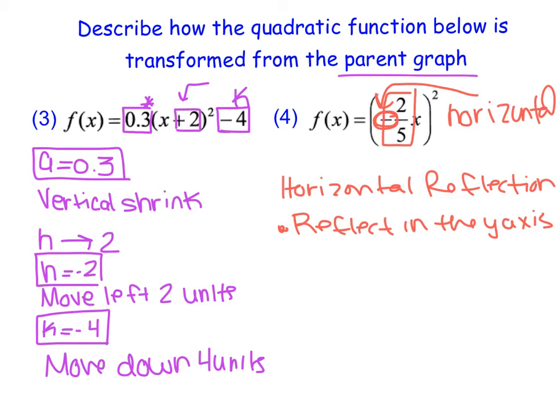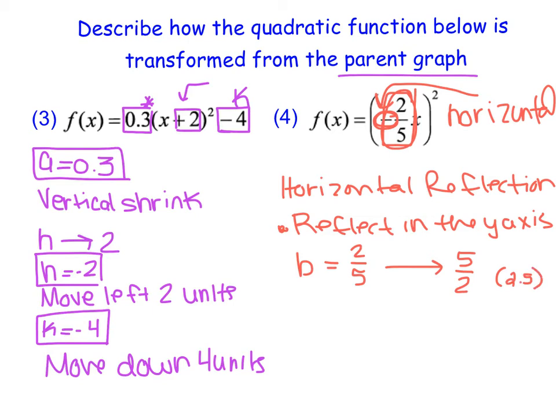Then from here, I also note that I have a b value because it's being multiplied by x on the inside. My b value is equal to 2/5. But remember, our b value doesn't actually tell us what our horizontal stretch or shrink actually is. What we have to do is transform it to its reciprocal. So we flip it over, and we find that we have 5/2, which, if you're multiplying that out in your head, is about 2.5.